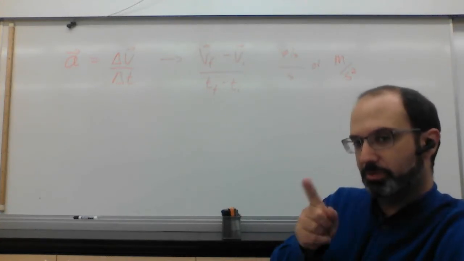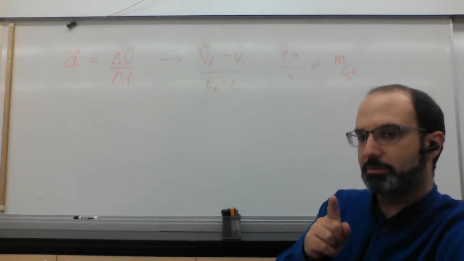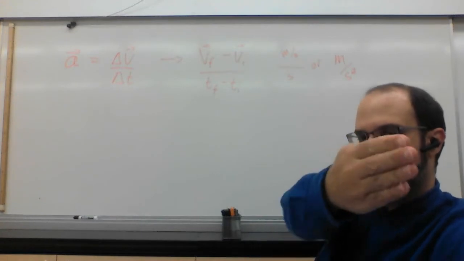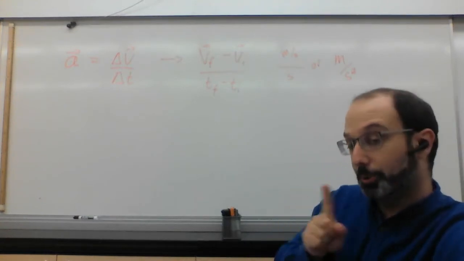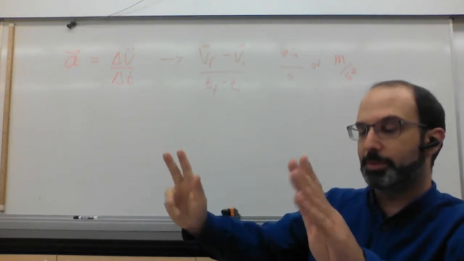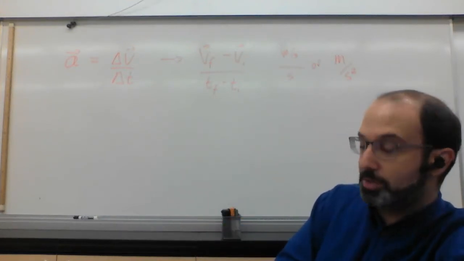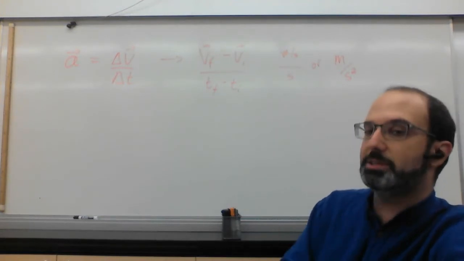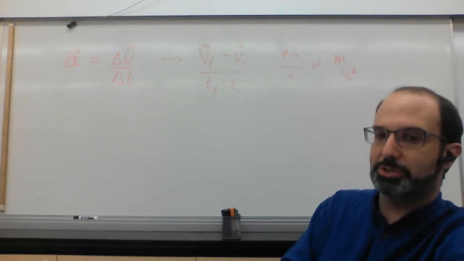Because remember, velocity depends on direction, right? There's a difference between me going this way at 10 and me going this way at 10. Both of them might be 10, but they're different directions. So we would have an acceleration if the velocity has to change direction.